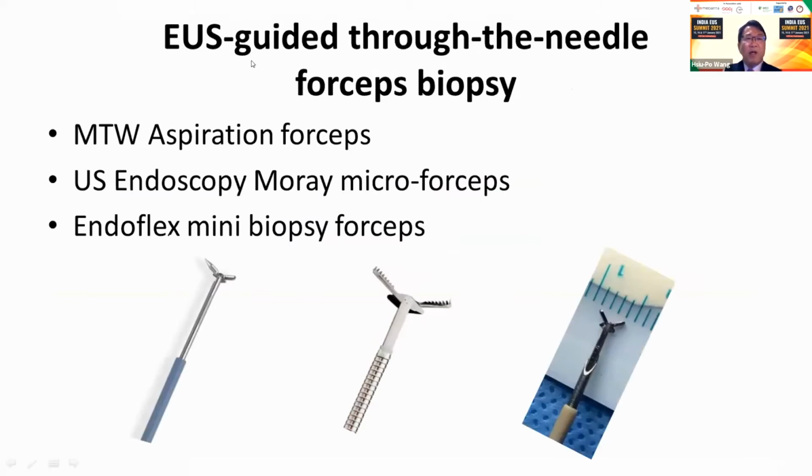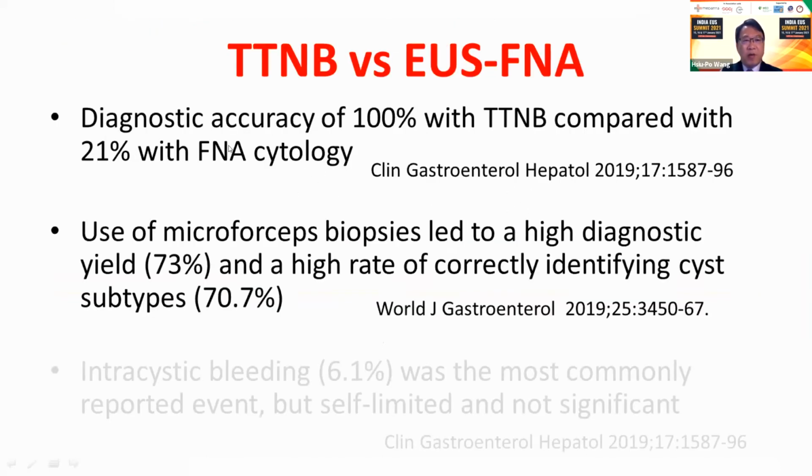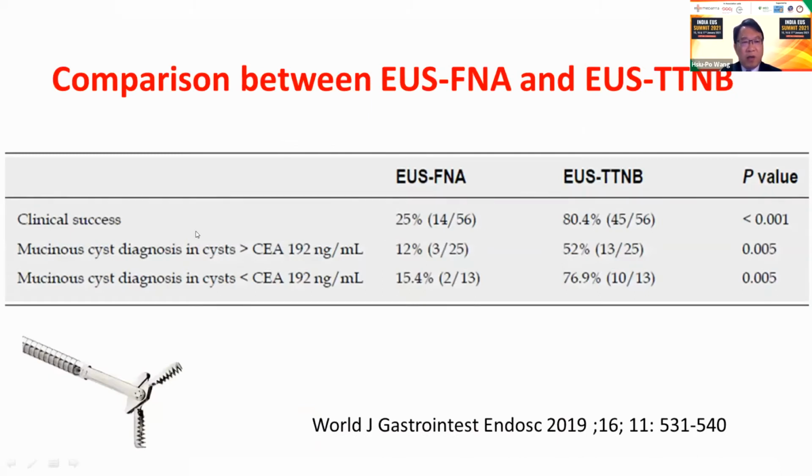Another is EUS-guided through-the-needle forceps biopsy. The mini biopsy forceps introduced through a 19-gauge needle allows tissue sampling and cyst fluid acquisition at the same time. The diagnostic accuracy has been reported to be very high compared with EUS-FNA. And in this study, it showed a higher clinical success and mucinous diagnosis, even when the CEA level is low.